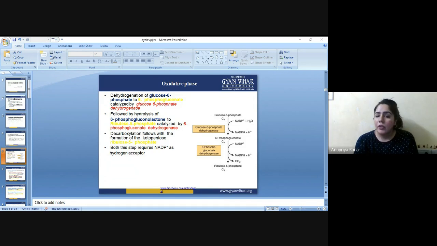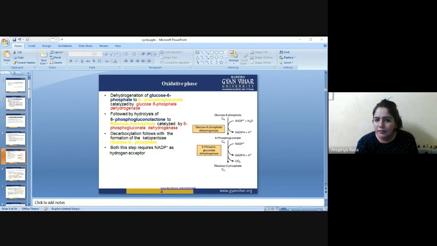When we do the dehydrogenation, you can see the water molecule is added. The dehydrogenation of glucose 6 phosphate converts it into 6 phosphogluconate.